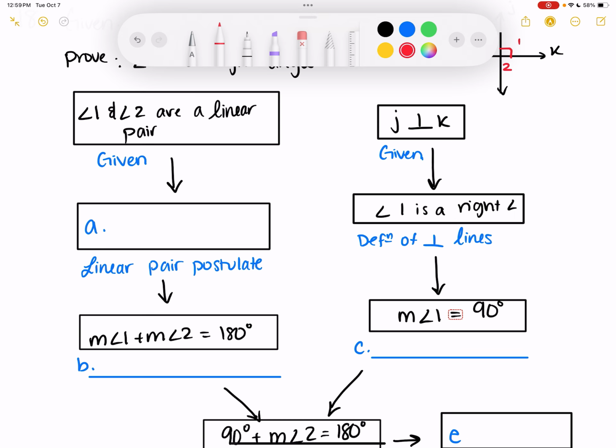The linear pair postulate says if two angles form a linear pair, then they are supplementary. So what must be true about angle 1 and 2? They're supplementary. So angle 1 and angle 2 are supplementary.